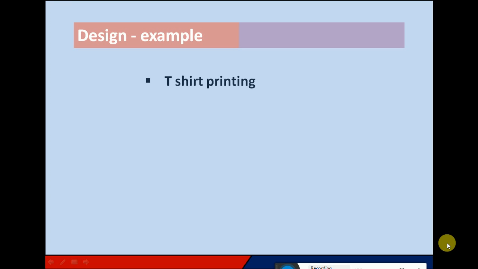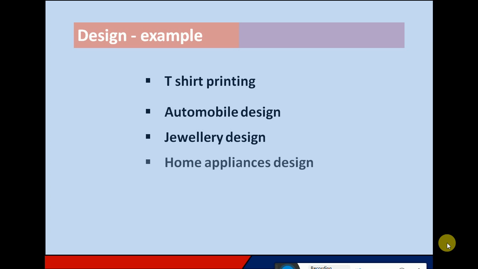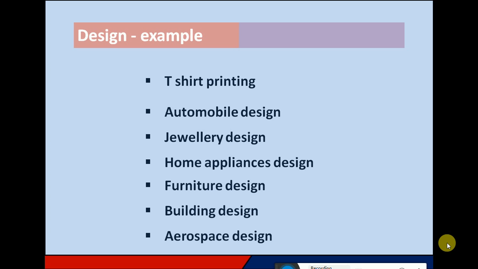For example, t-shirt printing, automobile design, jewelry design, home appliances design, furniture design, building design, aerospace design. Means all products can be designed. For example, t-shirt printing.